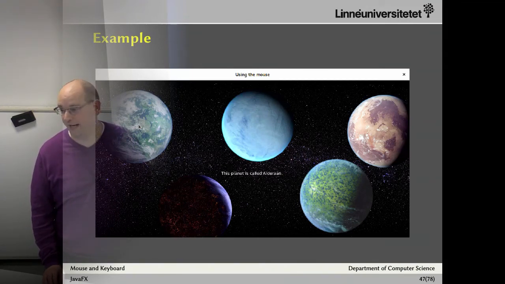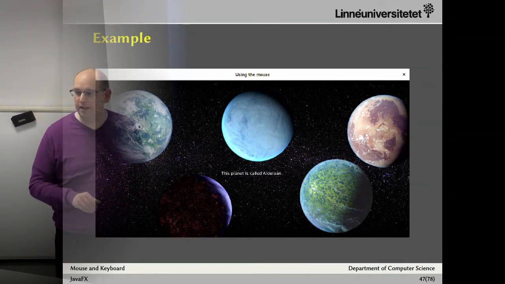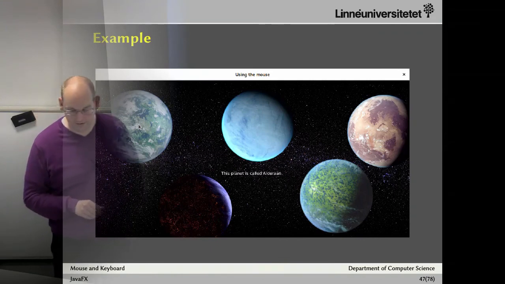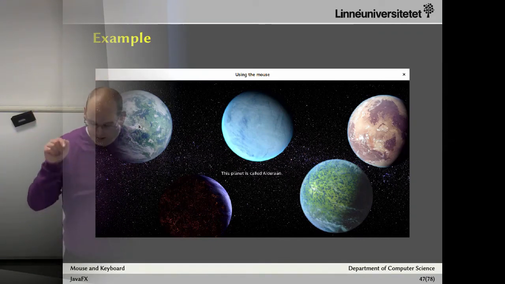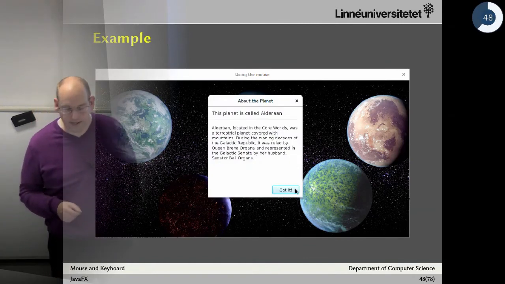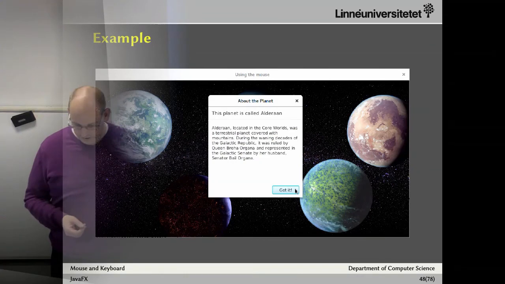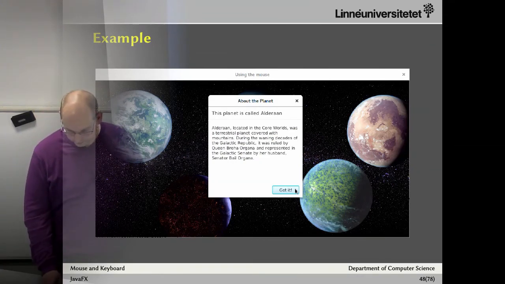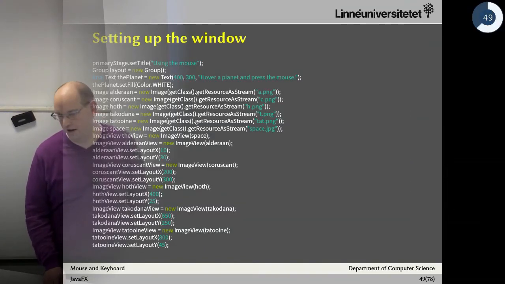So the text in the middle changes to "This planet is called Alderaan". And if we click, it will put up a custom dialog box with some information about this beautiful planet. And then we have a button there. Got it. And there will be a test. No, there won't.